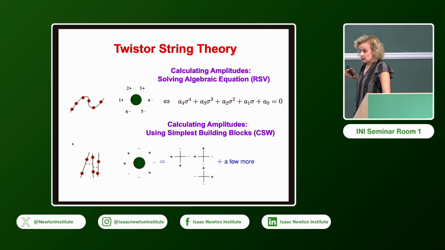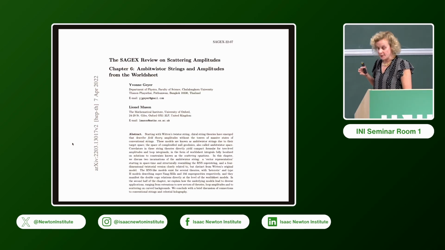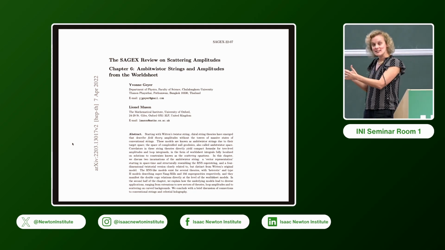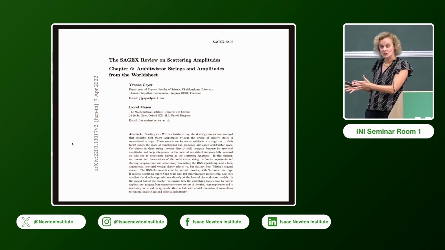And the field evolved in two ways. On one hand, there were people computing amplitudes, but on the other hand, since Lionel is chairing, I have to mention that the classic twistor people went on constructing various generalizations of twistor strings.